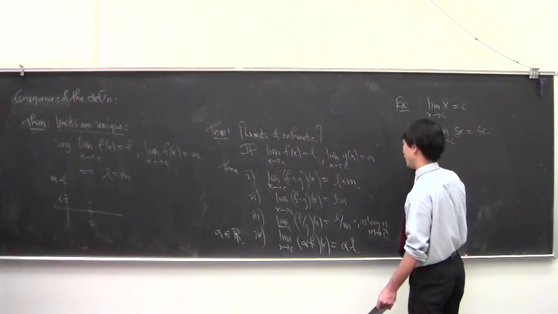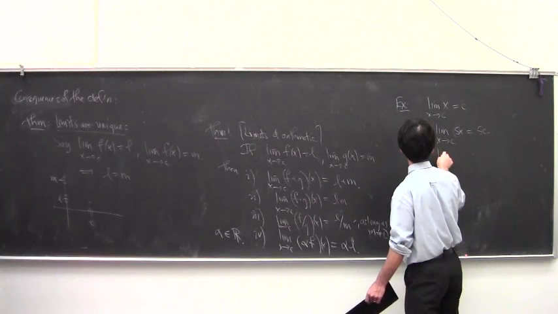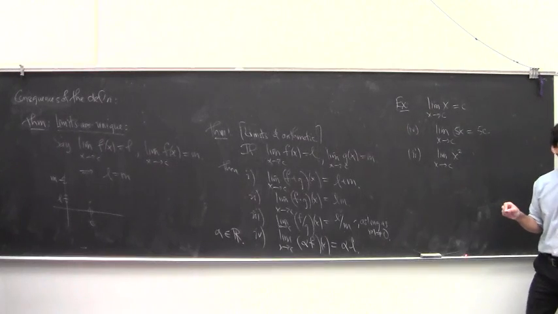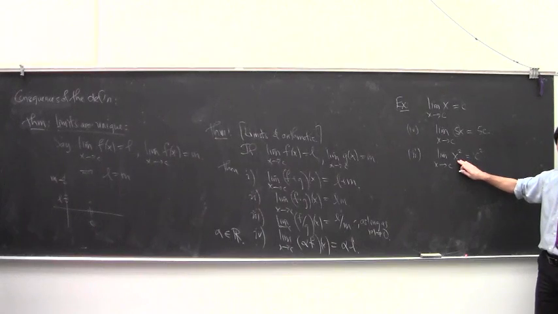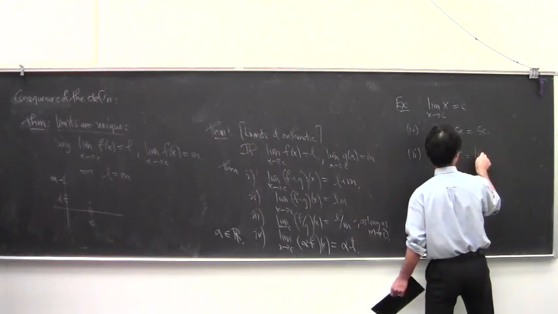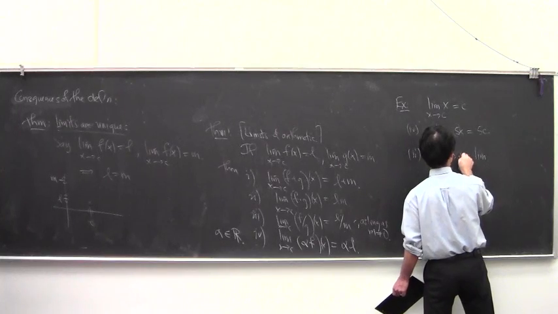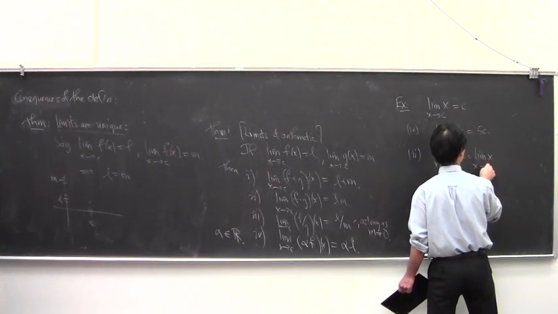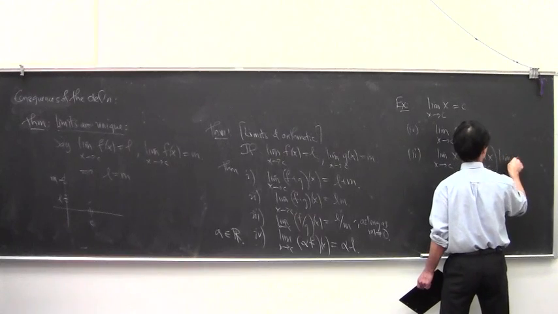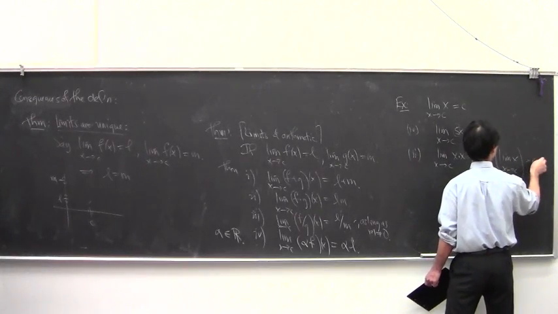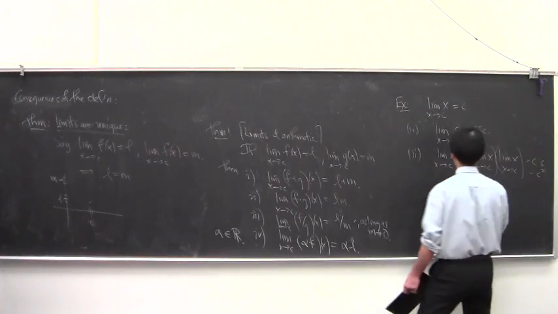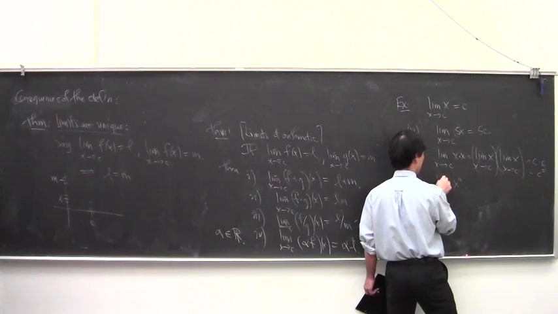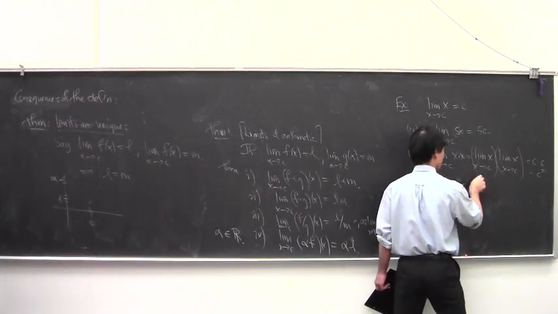By number 2, what's the limit of x squared as x approaches c? C squared, right? It'll just be the limit of x times the limit of x. The limit of x times x is the limit of x times the limit of x. Well, it's c times c. Let's just say c squared. And so in particular, for x to the n, the limit is c to the n.